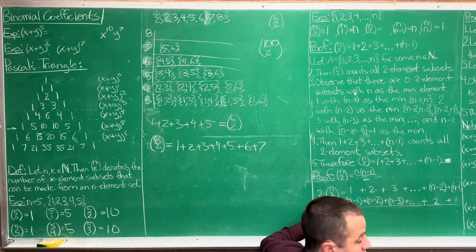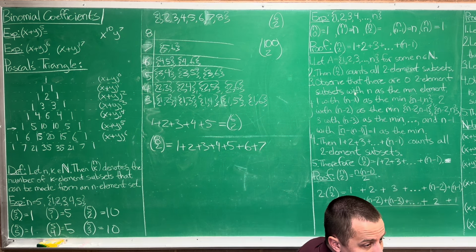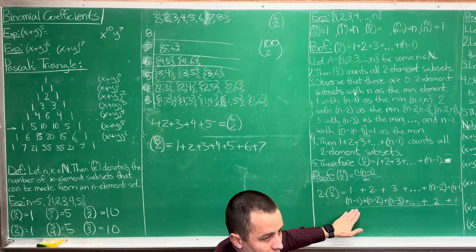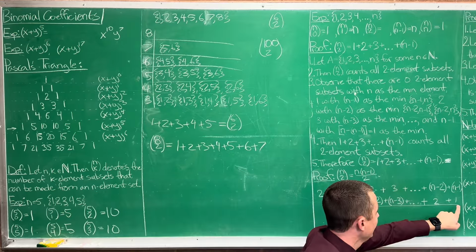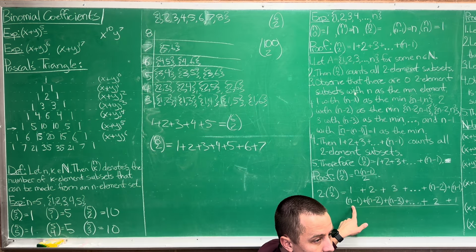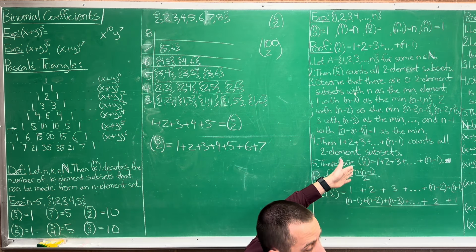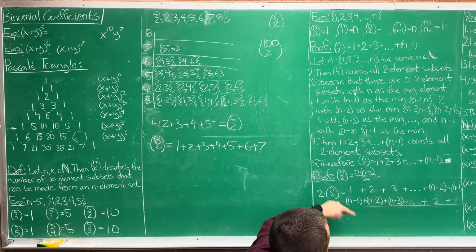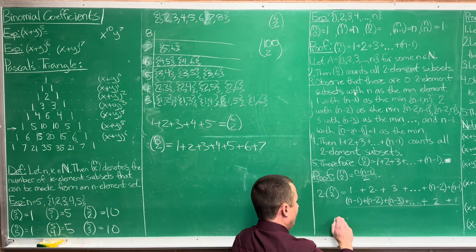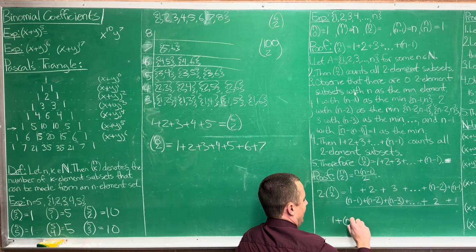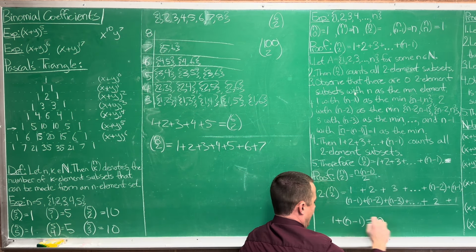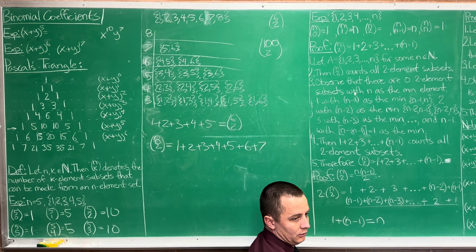Now if I multiply it by 2, that just means add up those numbers twice. The second time I add those numbers, I'm just going to add them up in reverse order. So since I have 2 of them, I also get another 1 plus 2 plus 3 plus 4 plus dot dot dot all the way up to n minus 1. Now I'm just going to add all those numbers up, it doesn't matter what order you add them in. What's 1 plus n minus 1? Well, that's equal to n; 1 and negative 1 give 0.